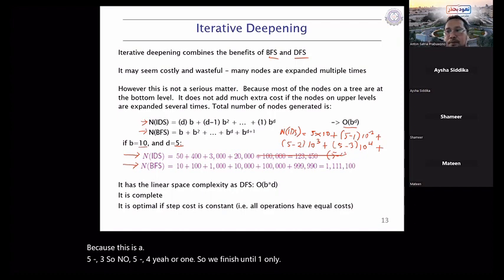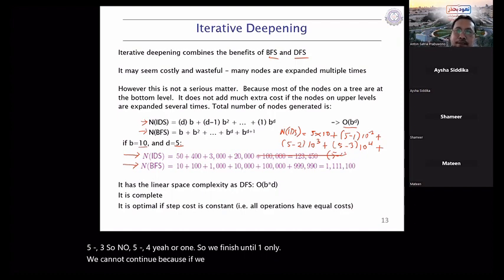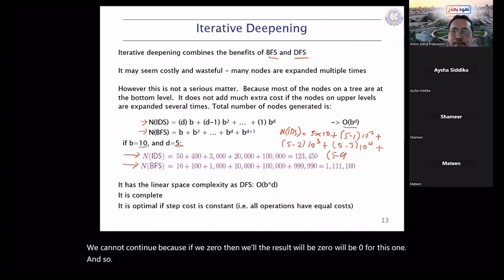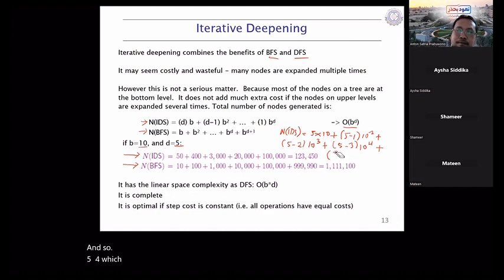We cannot continue, because if we go to 0, then the result will be 0. So 5 minus 4, which is 1, and then times 10 power 5. Yeah, so the result is this, right?